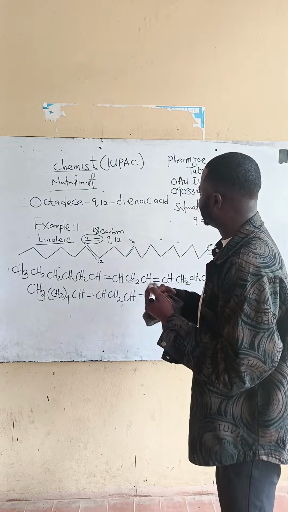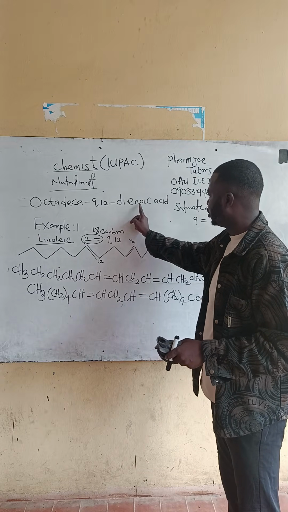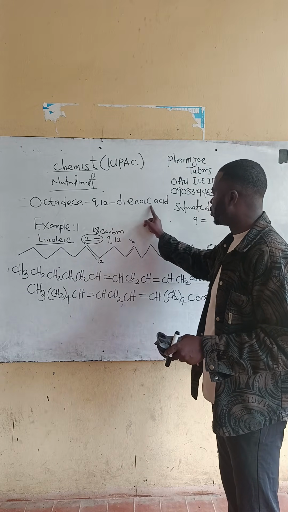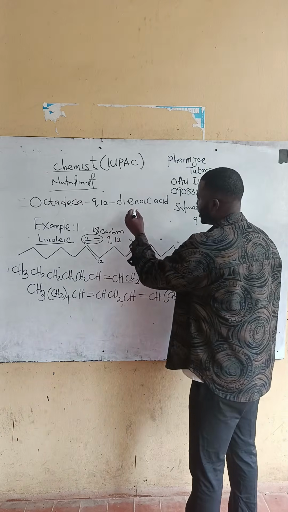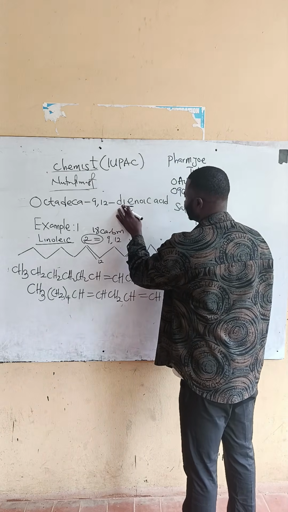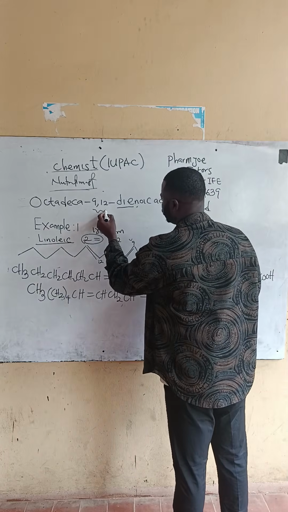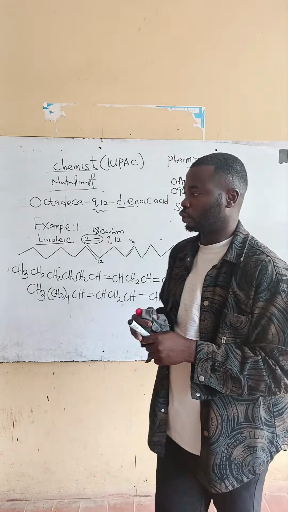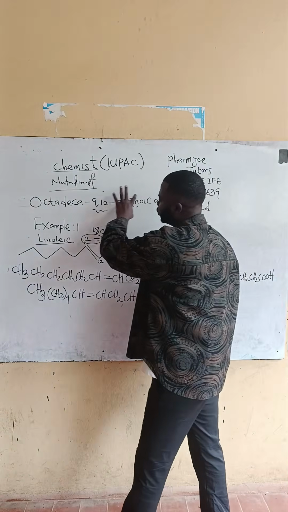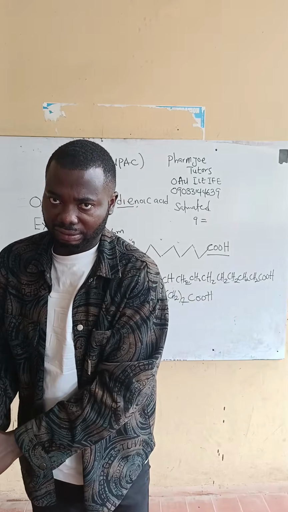But in this case, I use dienoic, not the ordinary noic. Why dienoic? The diene comes from the fact that we have 2 double bonds, one in position number 9 and the other in position number 12. So I name it according to the chemist.